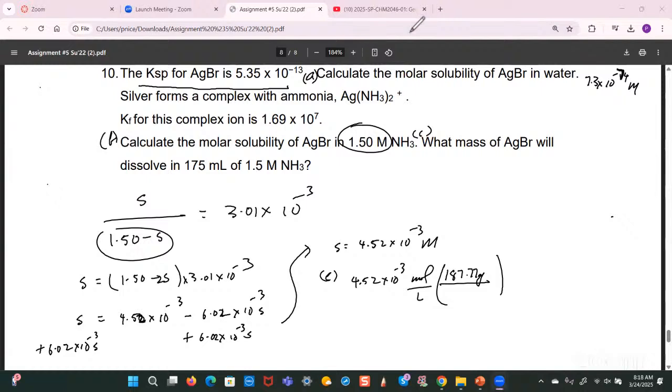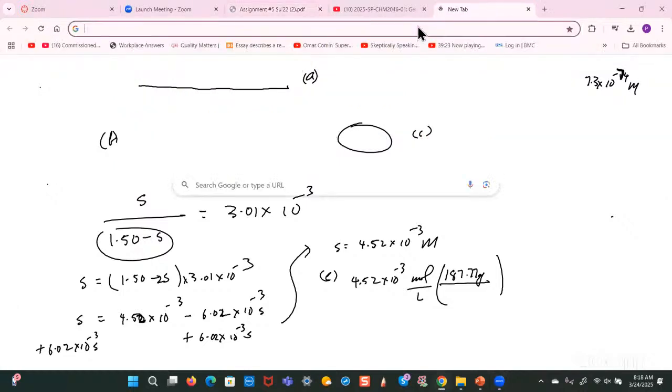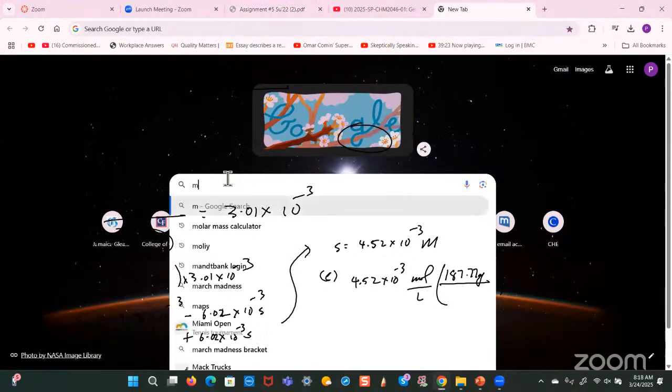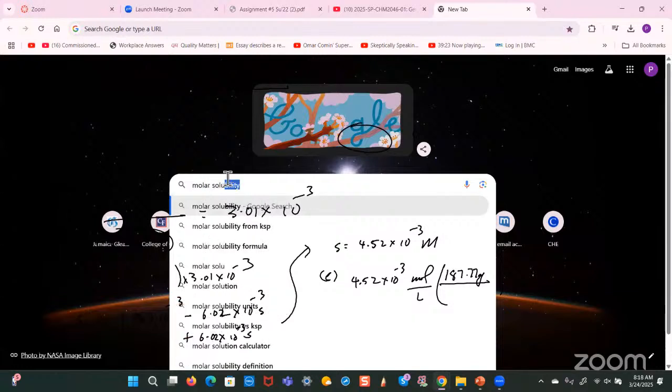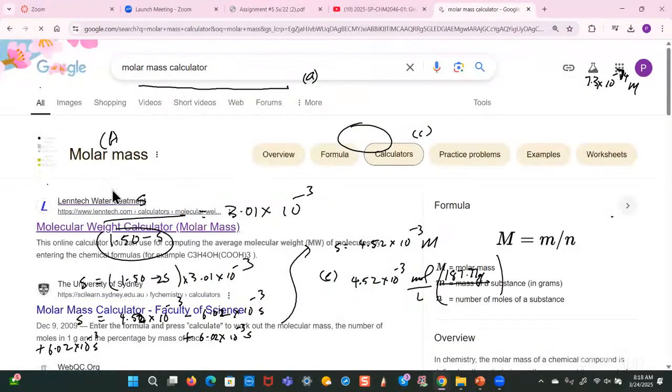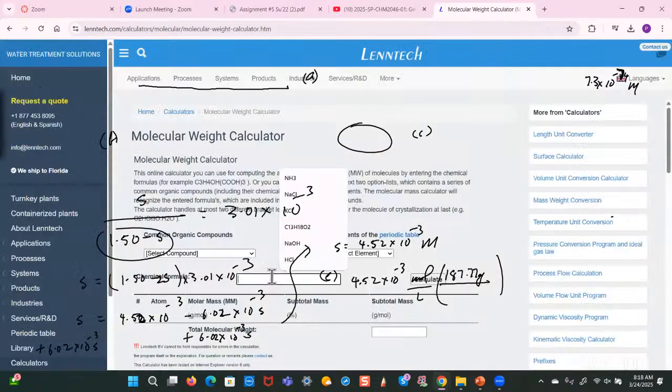So let me do this. Molar mass, not molar solubility, I'm sorry. Molar mass of silver bromide is what we're trying to get.